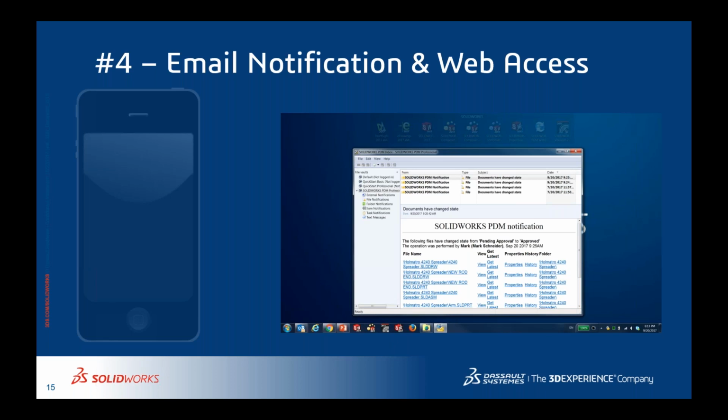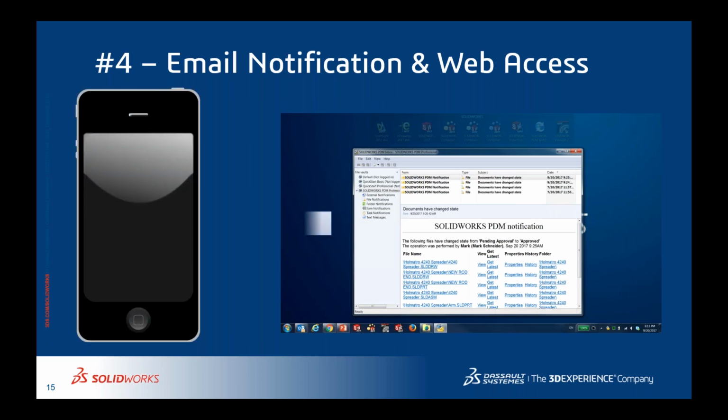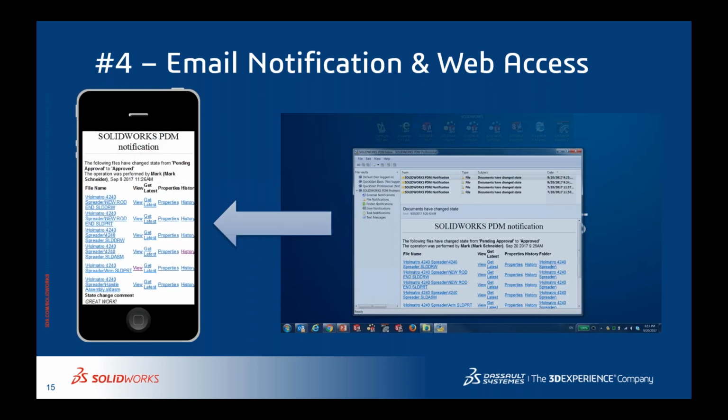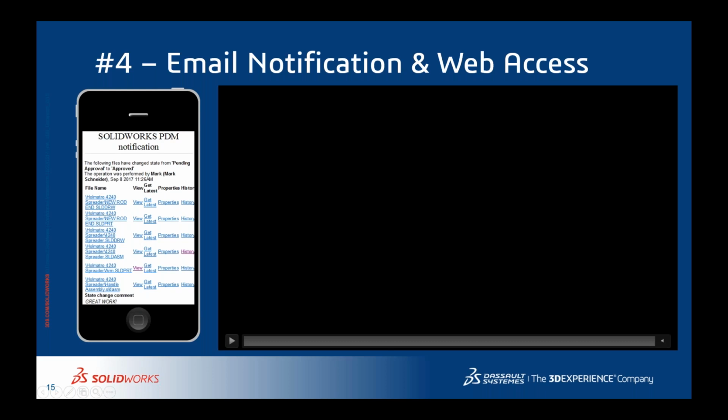That's another great capability. These notifications obviously can come via your mobile device, whether it's a phone or a tablet. And access to this data can also occur via the web.